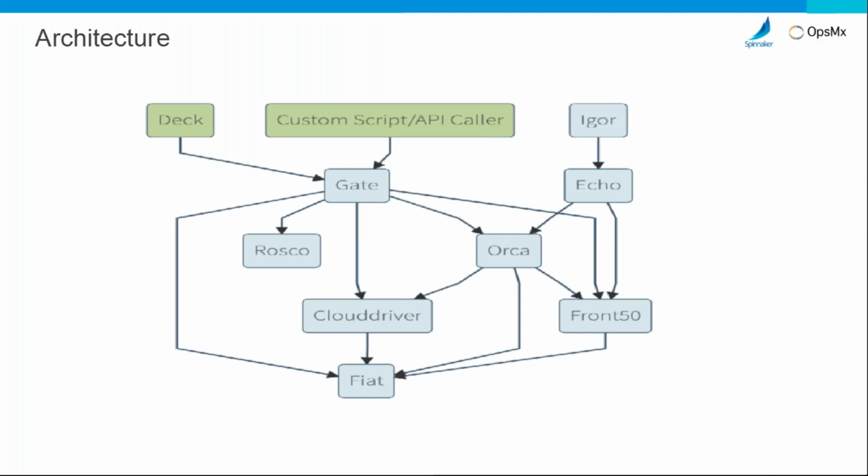Clouddriver is basically responsible to mutate calls to all the cloud providers. So when I mean cloud providers, let's say Kubernetes, in case you're using Kubernetes to deploy a microservice, that will be set up as a cloud provider for Spinnaker, and any communication that goes to Kubernetes will go via the cloud provider.